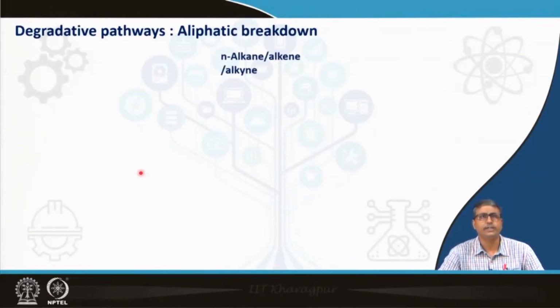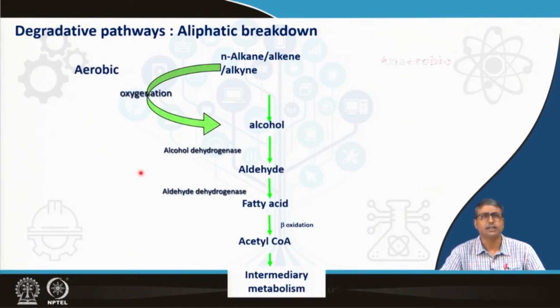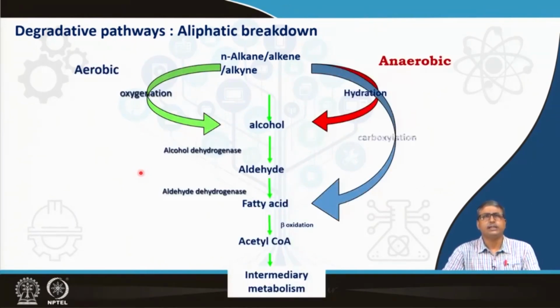So, the aliphatic breakdown pathway would be something like this: under the aerobic condition, the alkane, alkene or alkyne molecules will be oxygenated to form the alcohols, and from the alcohol molecules the alcohol dehydrogenases will act on them and produce the respective aldehydes, and the aldehydes will be further oxidized to produce the fatty acids.